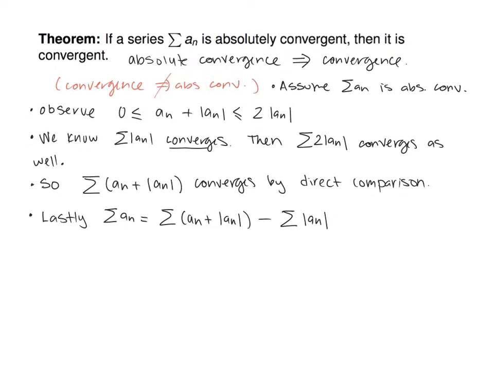And the thing is, you know that this converges and this converges, right? So then you can make this into, but anyhow, when something is a difference of 2 convergent series, this implies that the sum of an converges.